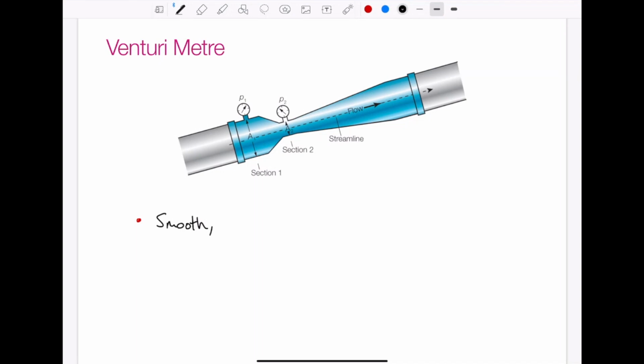So we have a smooth, convergent, and then divergent section of pipe. And it's the most efficient flow rate measurement device.